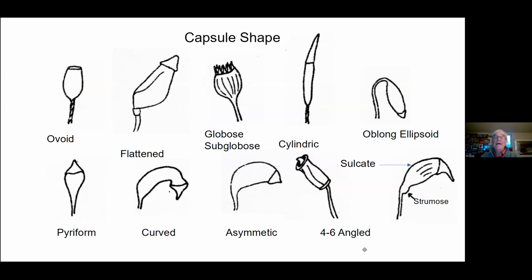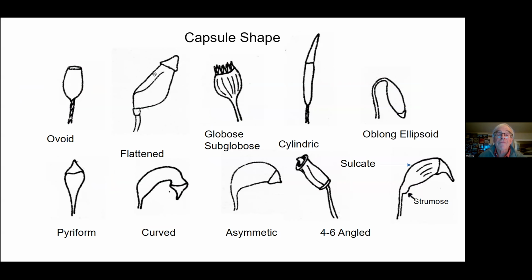Okay, moving on to capsule shape. I thought it would be easier just to show you illustrations of the different shapes. I didn't actually link this to any particular couplet. So capsules can be ovoid, sometimes called cupulate because it's shaped like a cup.